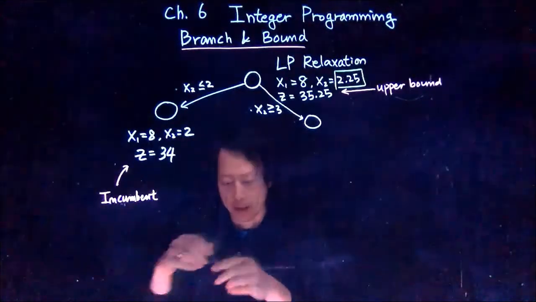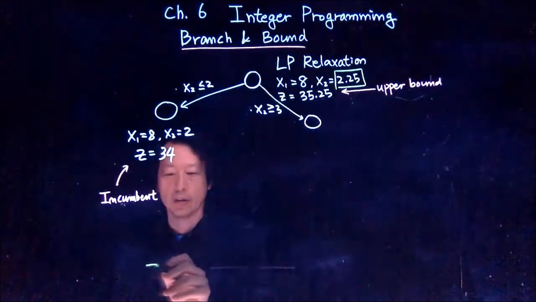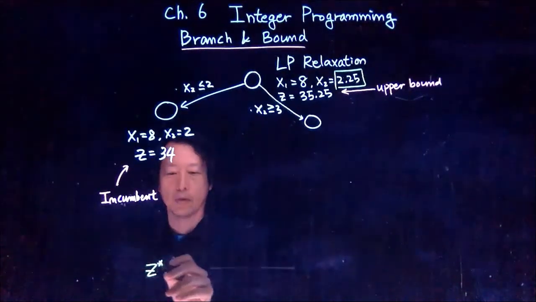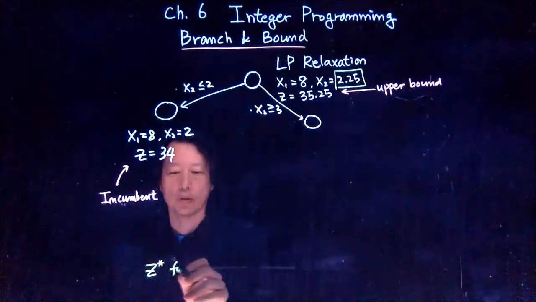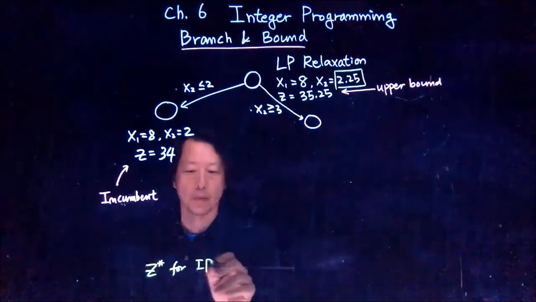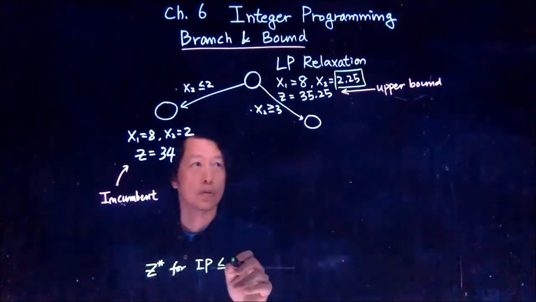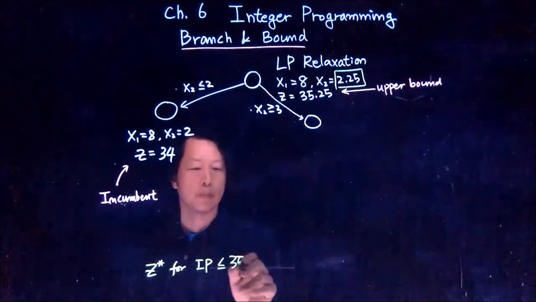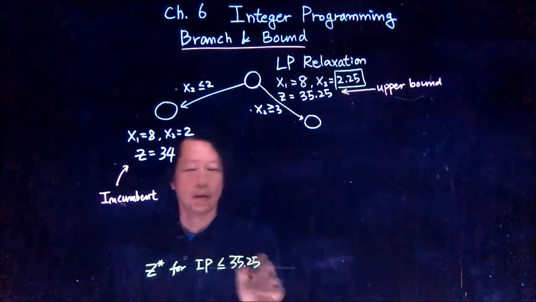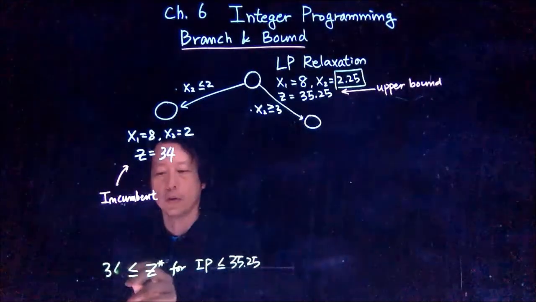Now what we can tell here is that our real z, which is the optimal for the original IP, should be smaller than or equal to 35.25 and greater than or equal to 34.